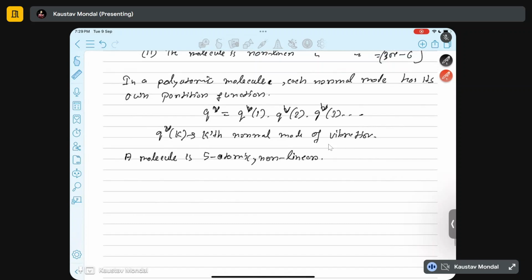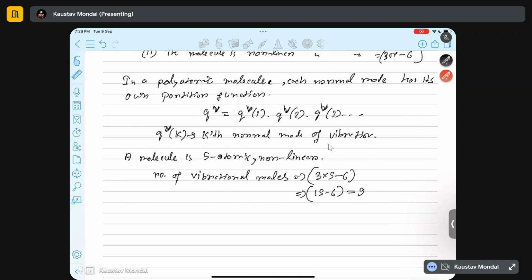The number of vibrational modes would be 3 into 5 minus 6, 15 minus 6, 9, right? 9 modes of vibration would be there.